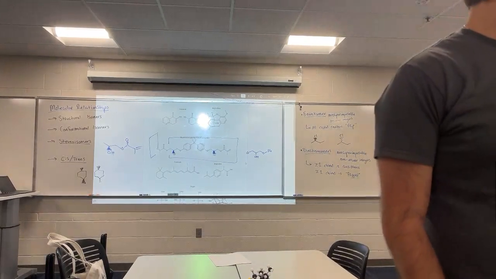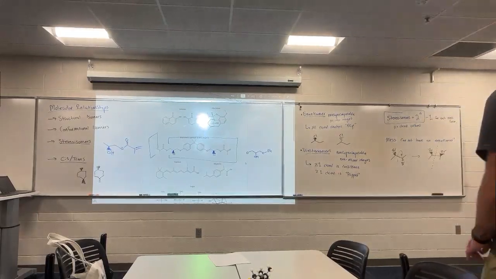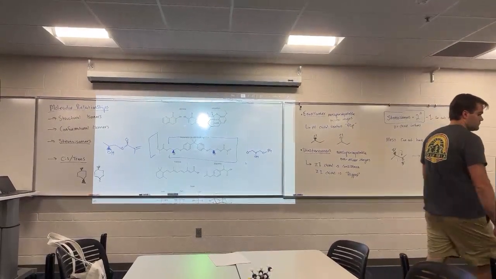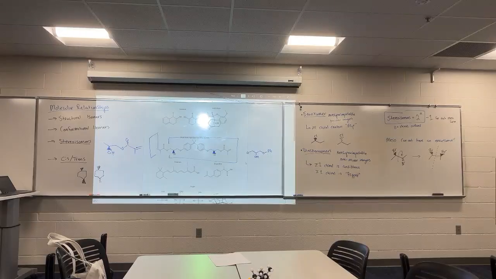And where'd my other green one go? Right here. So what do you guys have relative to this? What's their relationship? Yours is meso, mine is not. But meso is not a relationship. You do not have enantiomers. Your meso form has no enantiomer.